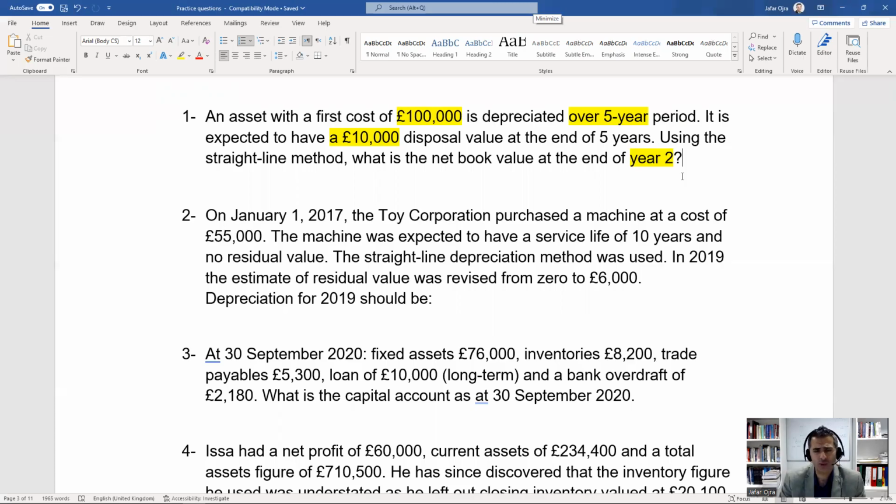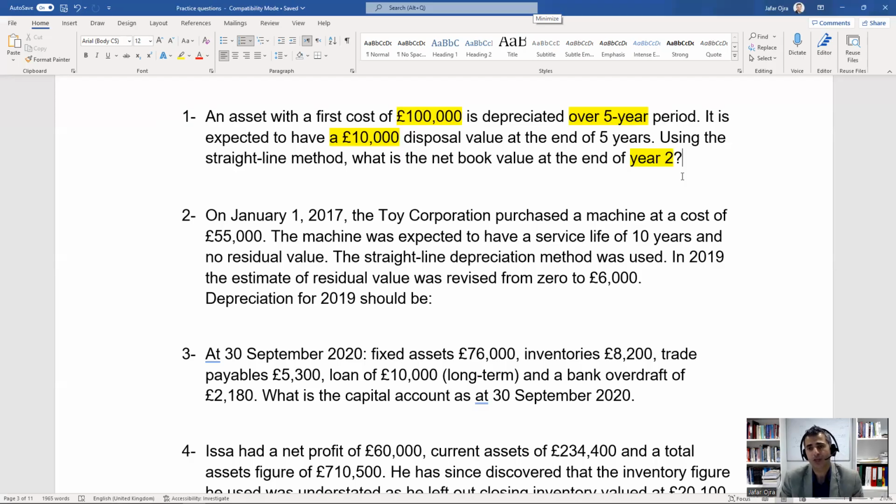Disposal value, or we call it residual value, means how much the business expects to sell the asset for after the useful life. Number 3 is the useful life, which is 5 years. These are estimates. The business estimates that after 5 years, they will sell the asset for £10,000 as disposal value.